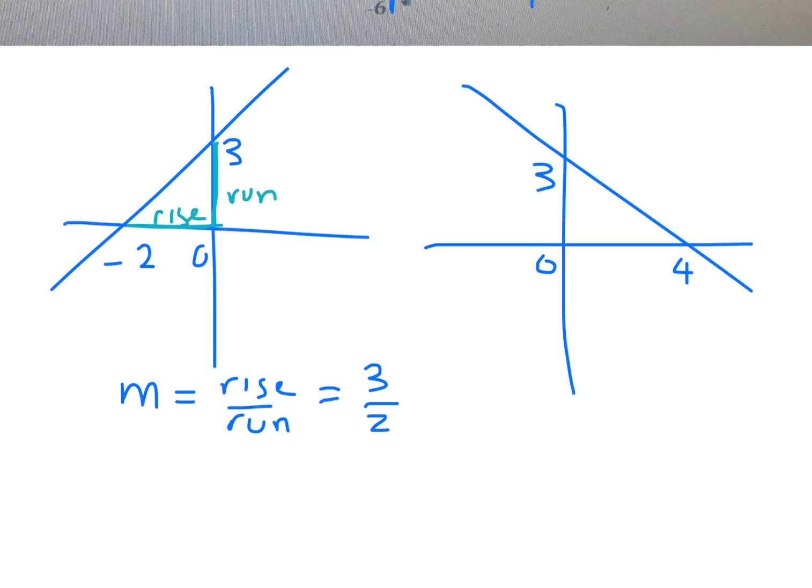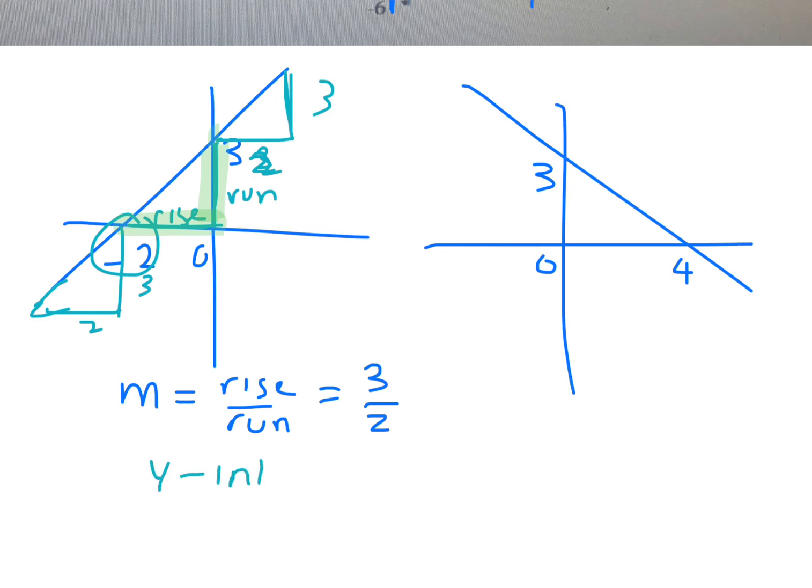I am not interested in whether it's negative or not. You could do it here and you would still get 3 on 2. Even here, 3 on 2. That sign is just where it's plotted on the axis. What you're really interested in is that space there, which is 2, and that space there, which is 3.